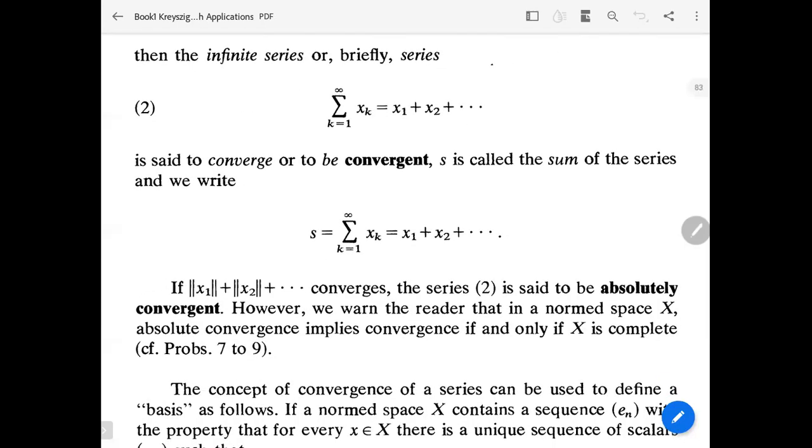So then, last time, I remember Professor D'Souza discussed with you the absolute convergence.